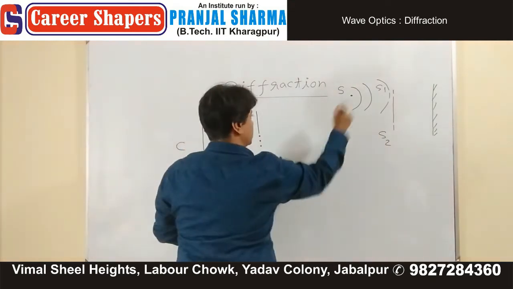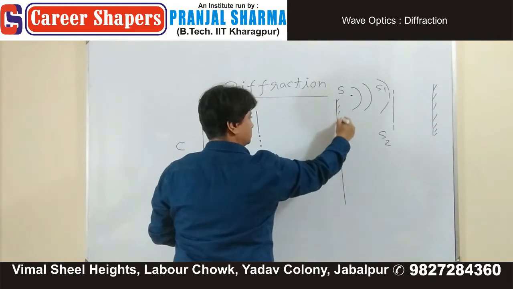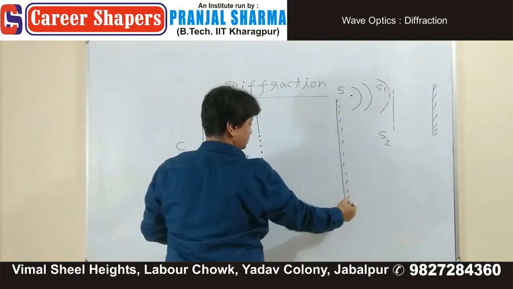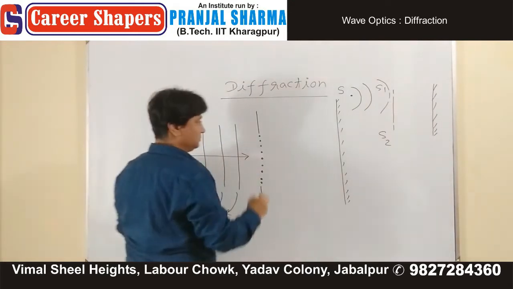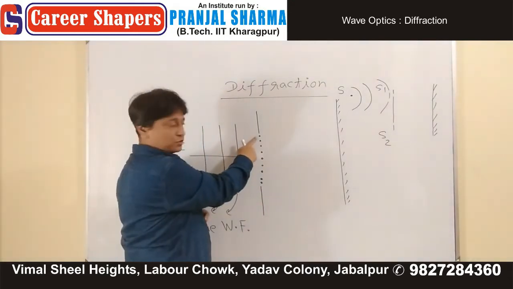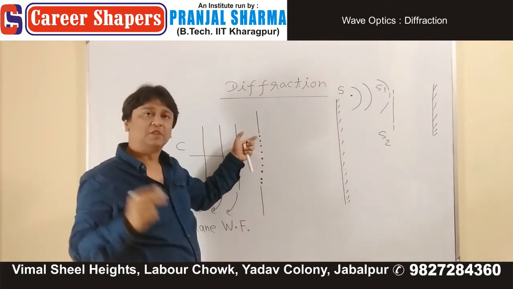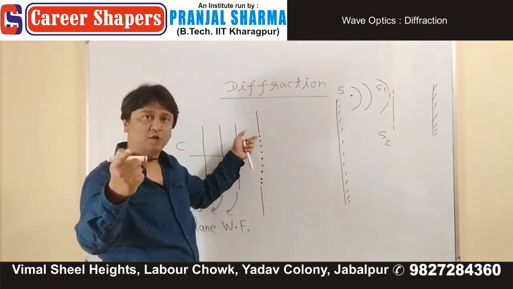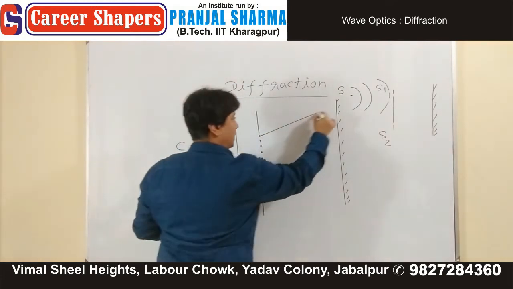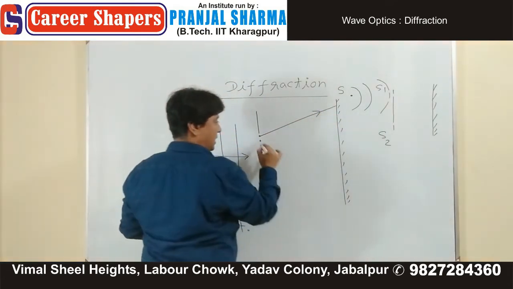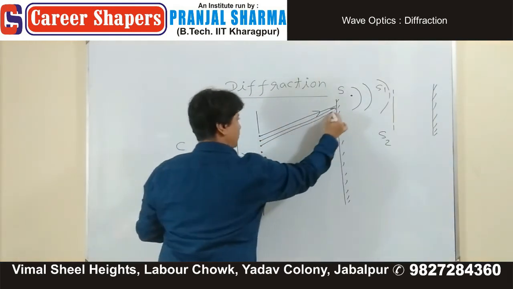Then here lies the screen. Now, what is going to happen? These secondary sources, all these point sources, will emit spherical wavefronts. All these spherical wavefronts are going to reach a given point on the screen.